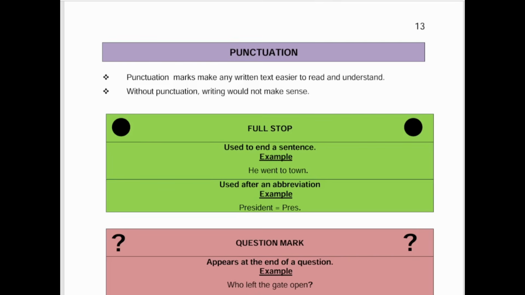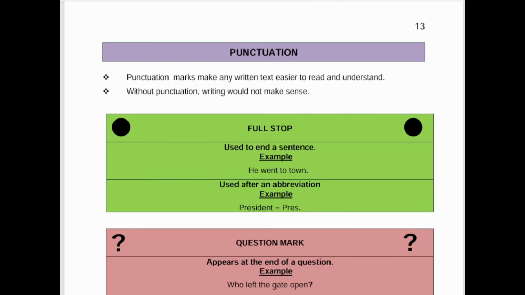Also, you can abbreviate other words, for example doctor to be Doc, D-O-C. But remember, at the end of that abbreviation, you have to put a full stop. Teacher, you can abbreviate to be Tr, capital T, small r. Then you put a full stop.